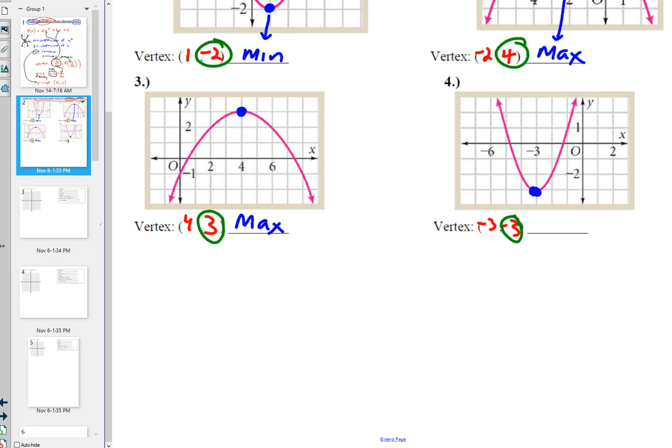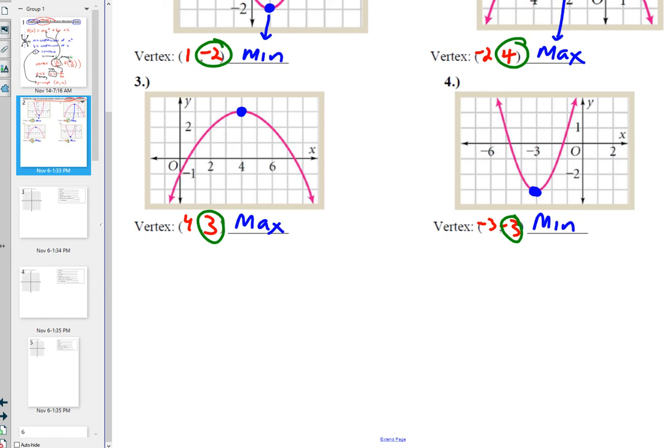No, not 4. It would be 3. And now that we look at number 4, does that parabola have a maximum or a minimum? It does have a minimum. And where would that minimum be at? It is at -3. Okay.